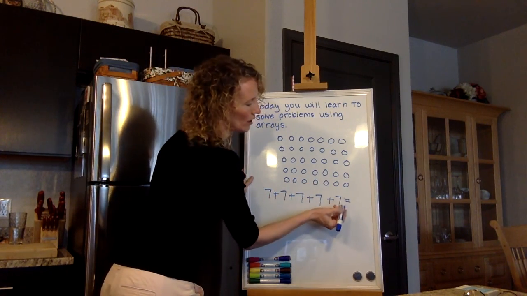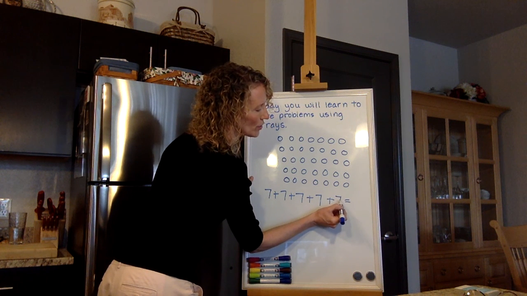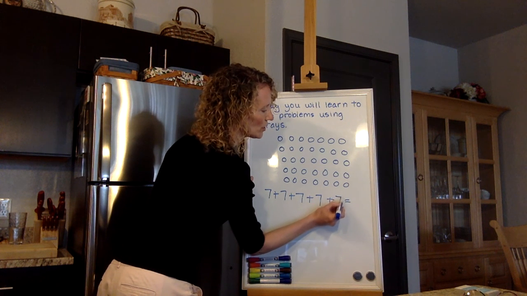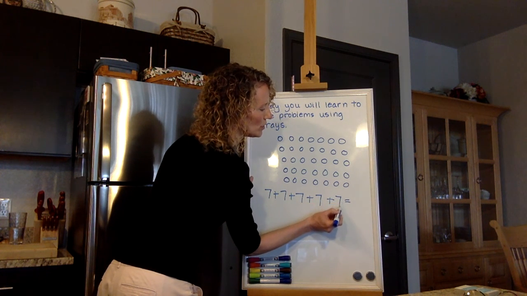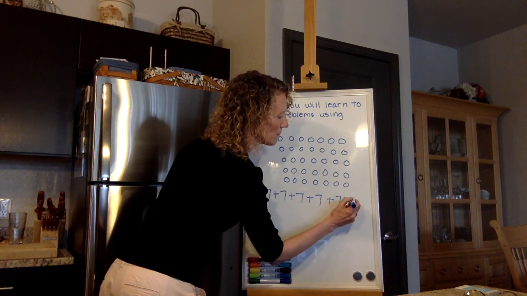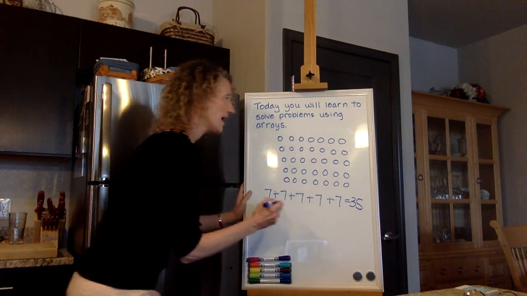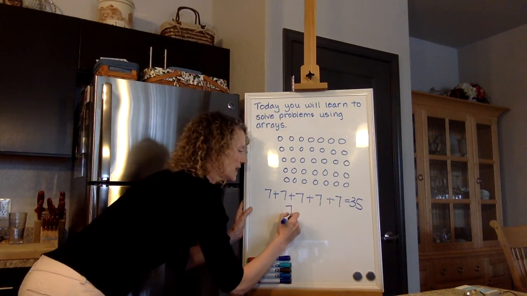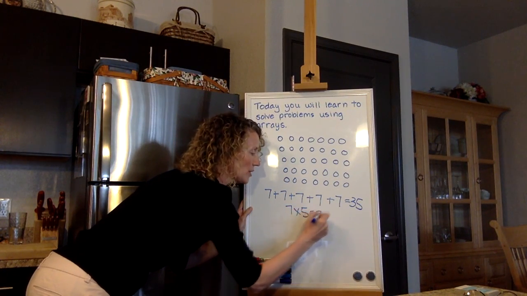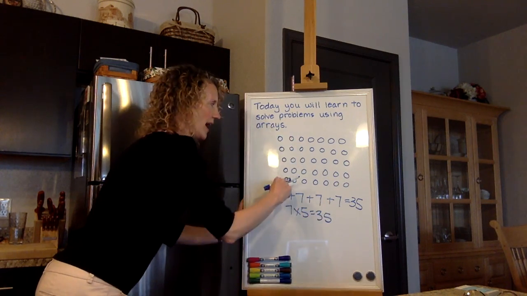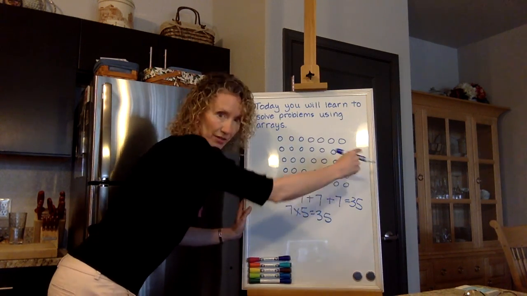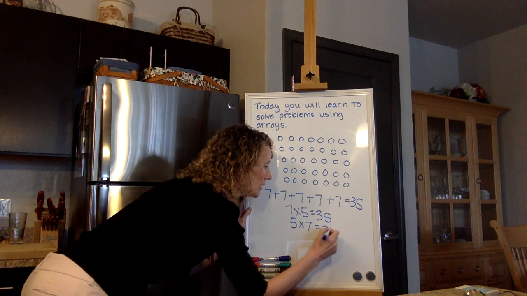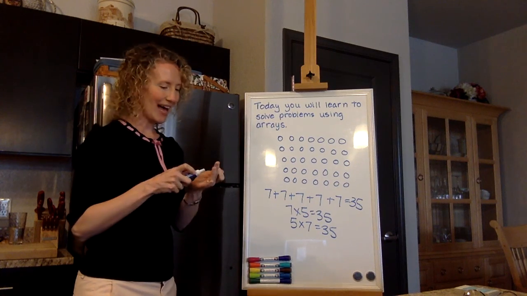Plus 7 more, 28, 29, 30, 31, 32, 33, 34, 35, equals 35. 5 times 7 equals 35. And 7 times 5, do the turnaround, equals 35. Good job.